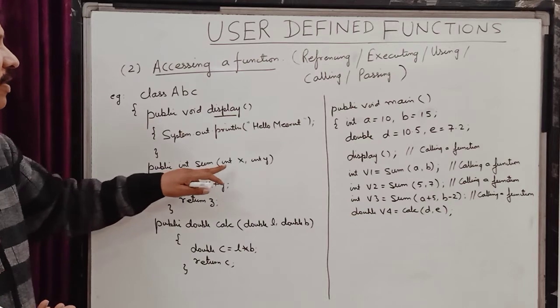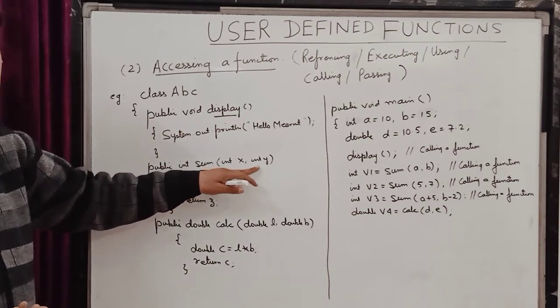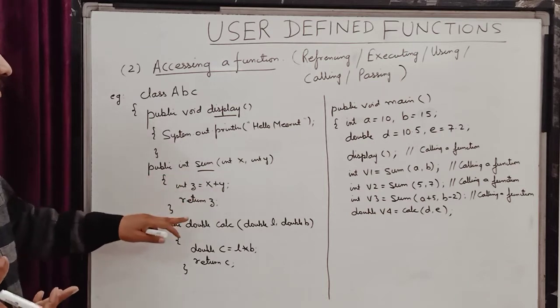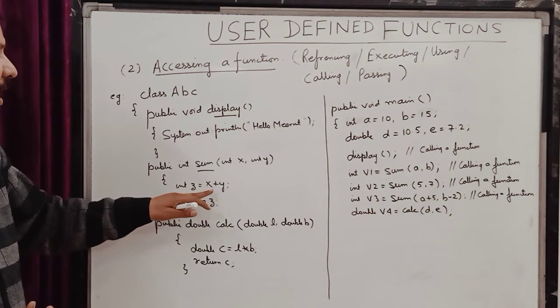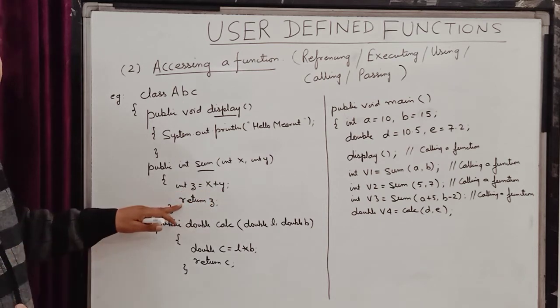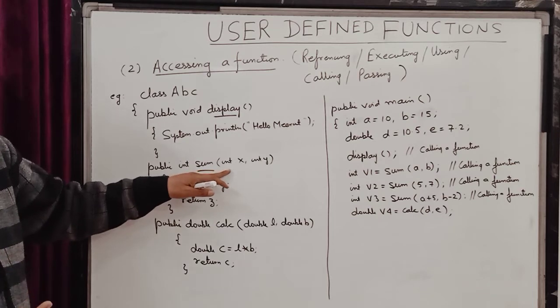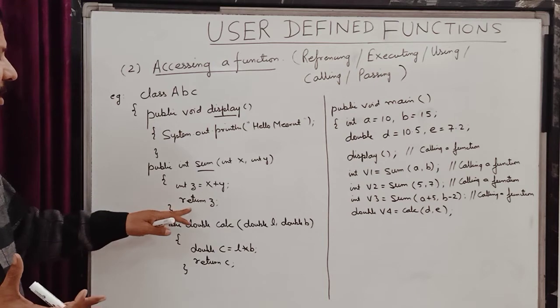This function has two parameters of type integer, int x and int y. The definition is written so that you add x and y, store the sum in z, and the function returns the sum of x and y. Whatever values come in x and y, their sum will get calculated and returned.